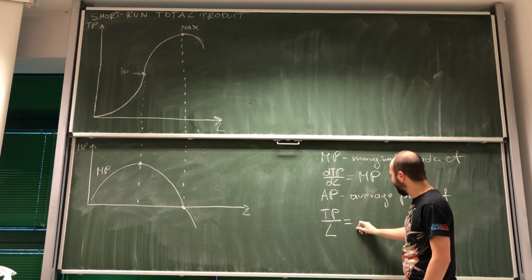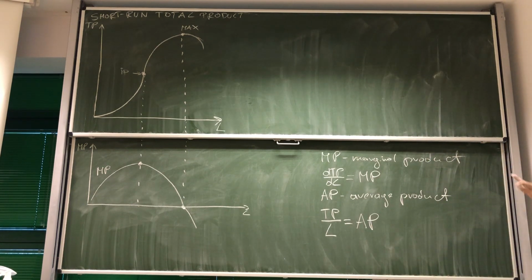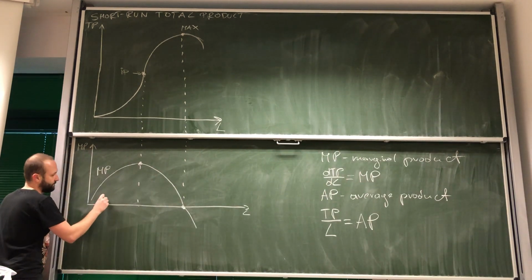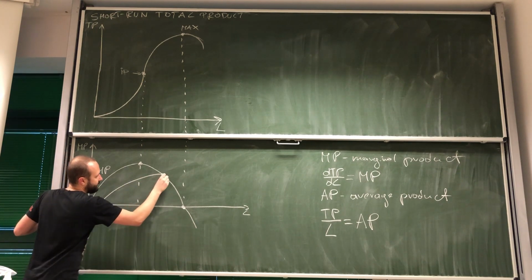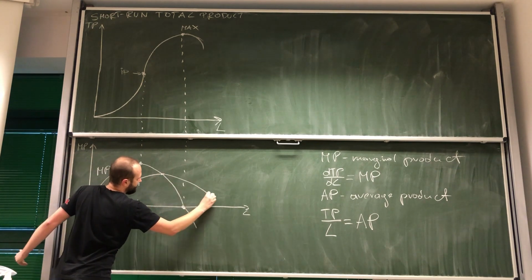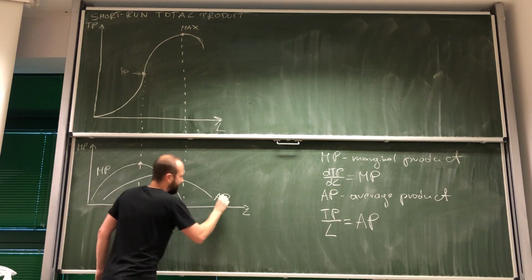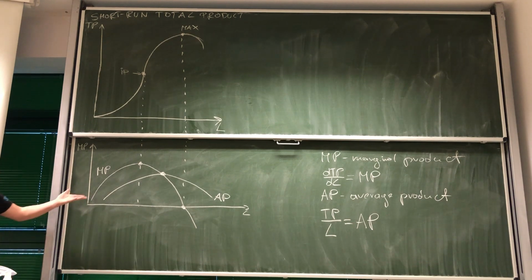So how much on average is one worker producing? And I'm going to show you a graph of how it should look. So this is average product, without first explaining to you why. Of course it makes sense.